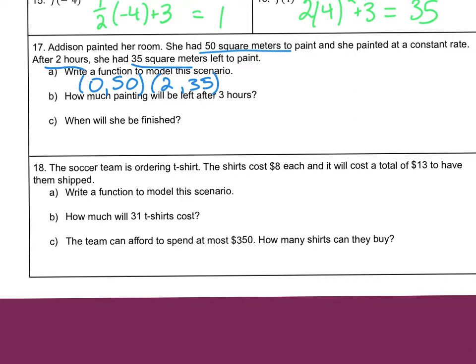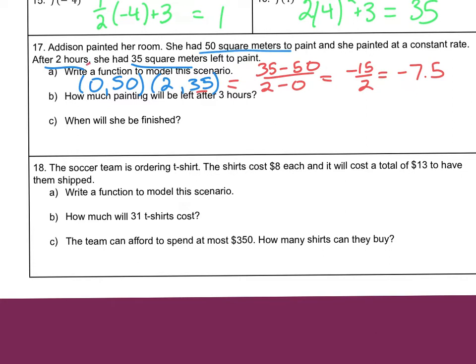So y2 minus y1 over x2 minus x1, that's how we find the slope, and then we plug it back in to get our equation. This was something we learned in pre-algebra and also in algebra 1, so a little flashback here. y2 minus y1 is 35 minus 50, x2 minus x1 is 2 minus 0. 35 minus 50 is negative 15 over 2, which is negative 7.5.